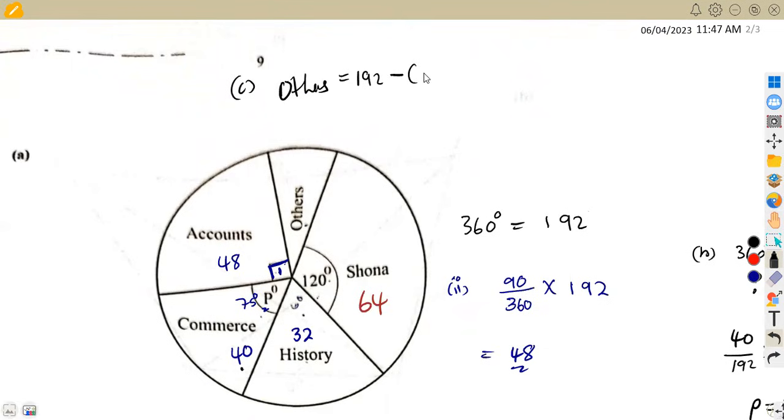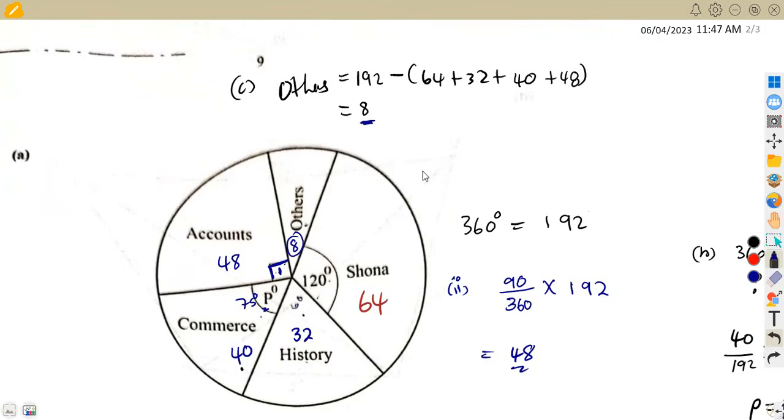So from the sum of 192, we subtract all these. The Shona is 64. History, we are given that is 32. Plus commerce, we're told that it's 40. Accounts, we got 48. So if we subtract everything from 192, we are going to obtain 8 in this case. That will be 8 others. That will be 8 learners. So meaning to say here we only have 8 learners, not the angle, but the number of learners.